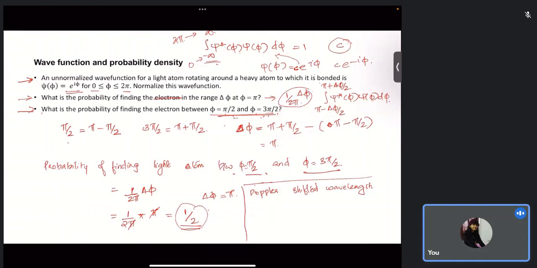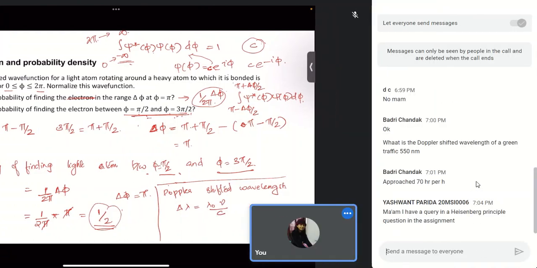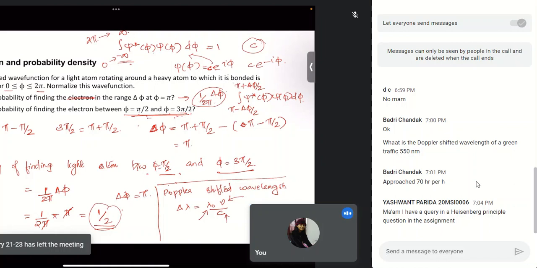So the Doppler shifted wavelength delta lambda is given by lambda naught v by c, where lambda naught will be the wavelength that is being given, and c will be the speed of light.